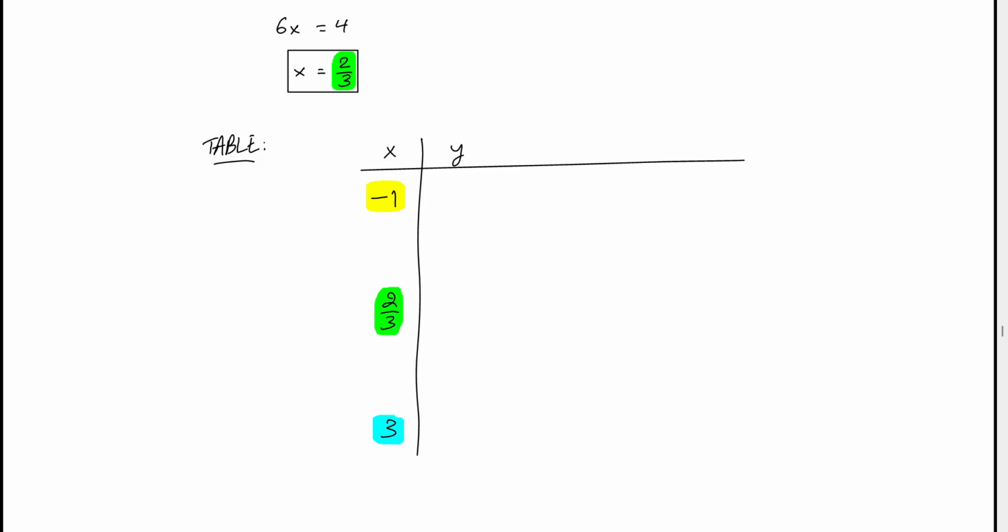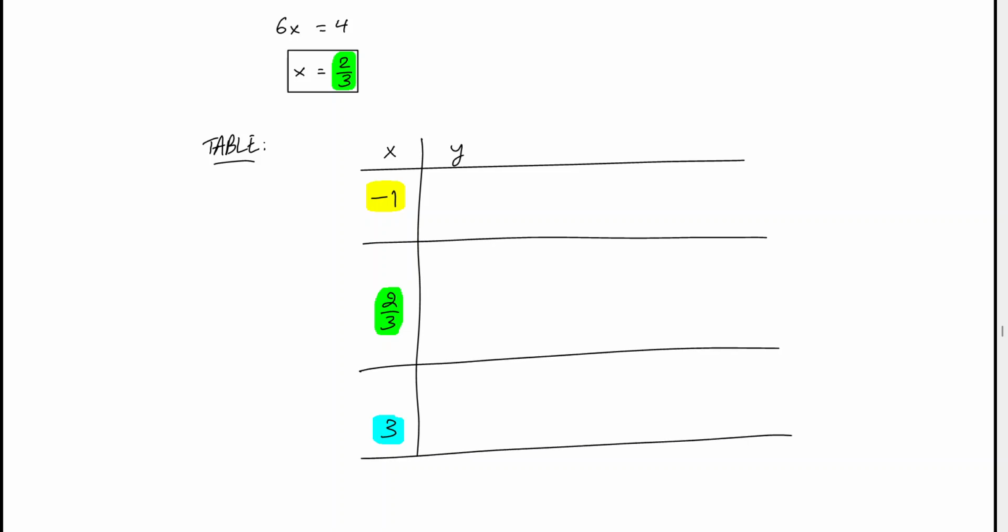And now we're going to use the table method to decide who's got the biggest y-coordinate by calculating, in fact, the y-coordinate. Now, how do I calculate the y-coordinate? Remember, the function f of x that we started with is 3x squared minus 4x minus 8. This is the original function, not the derivative.